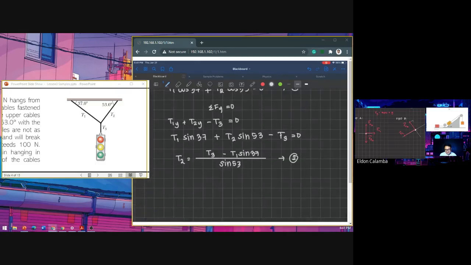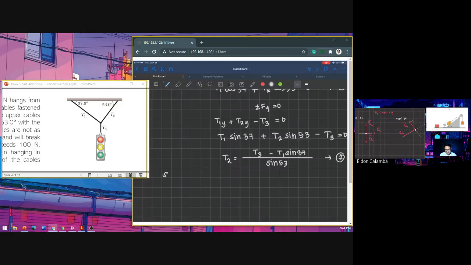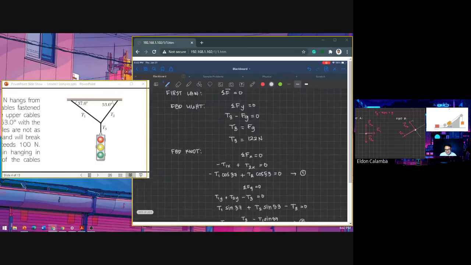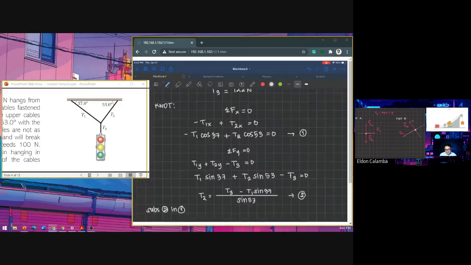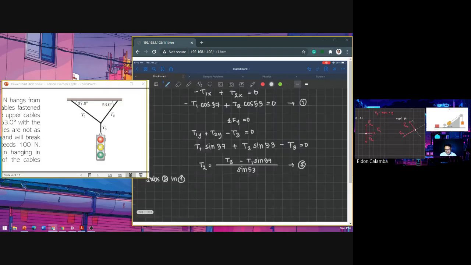So, substitute 2 in 1. So, lahat ng may T2 dito sa equation number 1 is substitute, sorry, tama ba? Yeah. Lahat ng may T2 dito is isubstitutean mo ng T3 minus T1 sine 37 over sine 53.